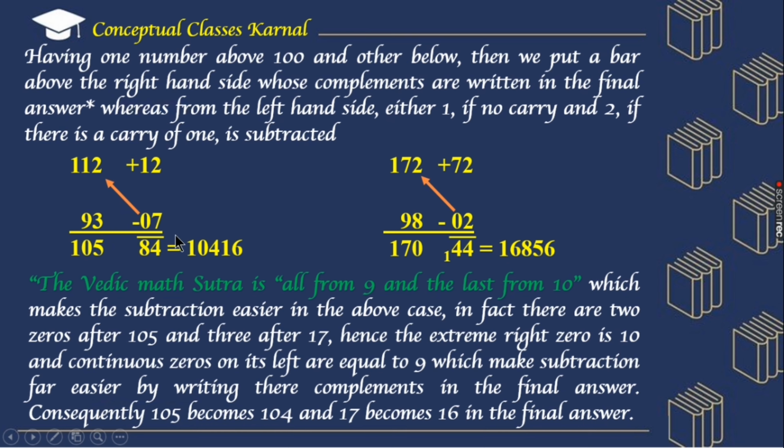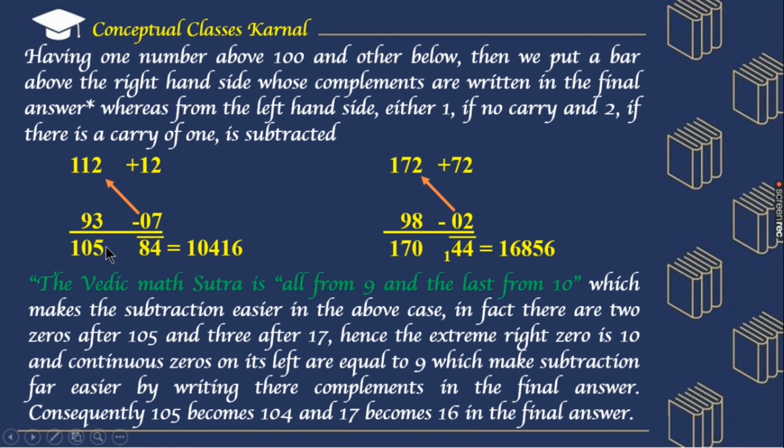We multiply these two and we get minus 84, and in Vedic math we put a bar above this, or we can put it as minus 84. Either of the two can be used. And then for the left hand side we can either subtract or add these two to get the same left hand side of the answer, that's 105.